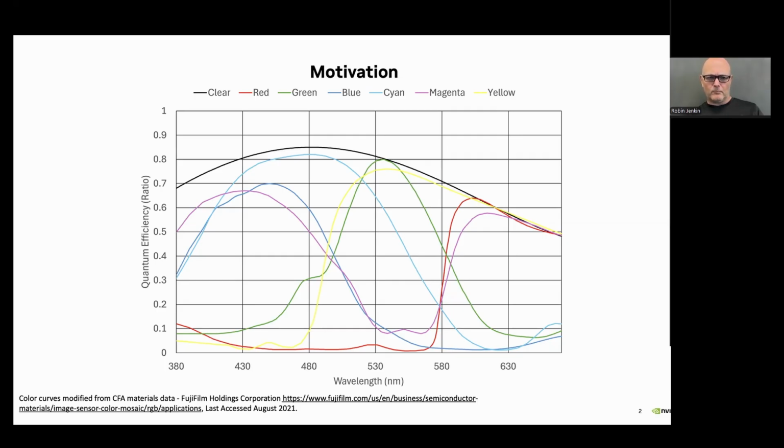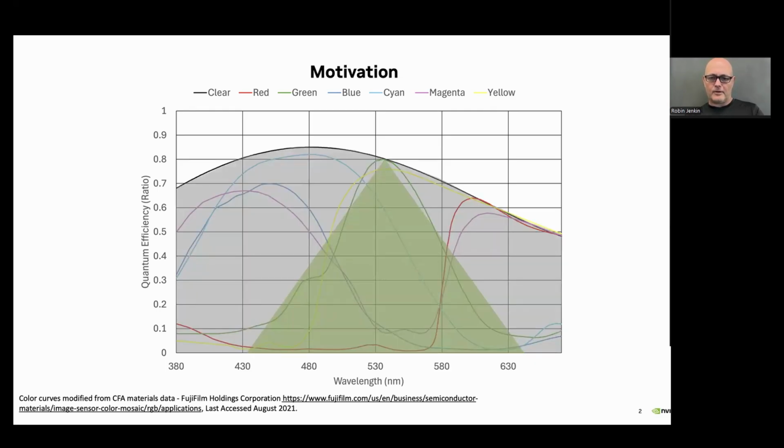We can create a green channel by filtering out anything but the green light, and it roughly looks like that. But one of the troubles is when we do this to create color in our systems, we're losing around about half of the light because we're filtering out everything from here that we could collect.